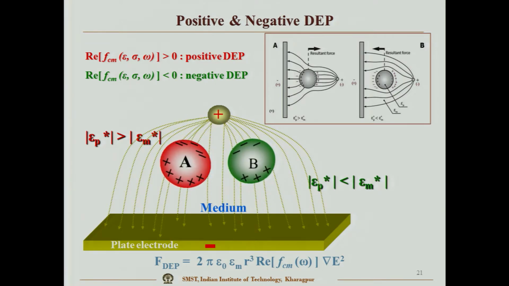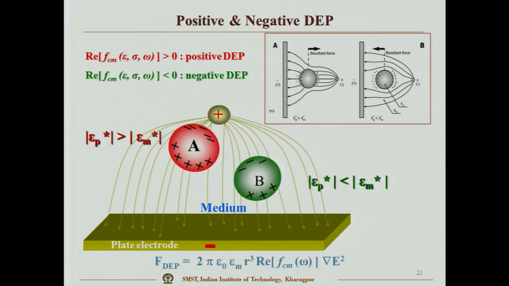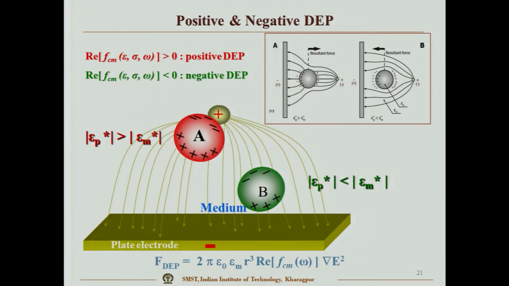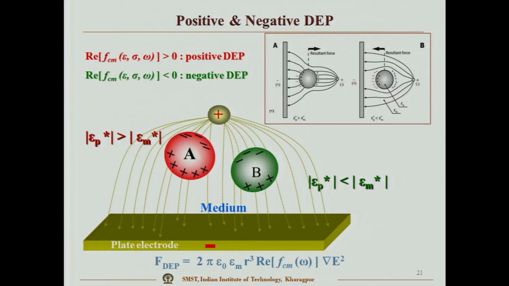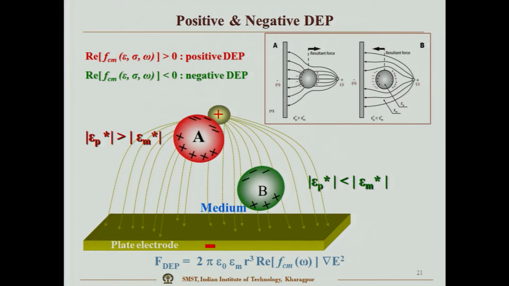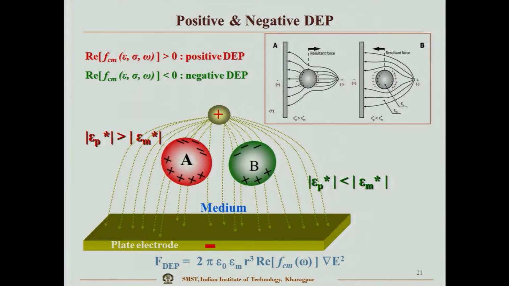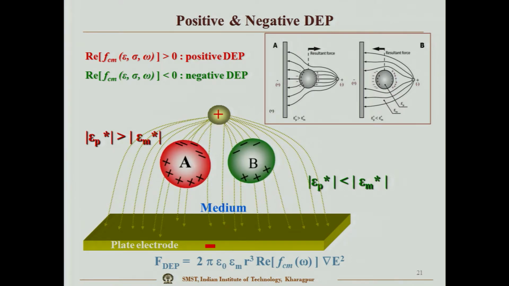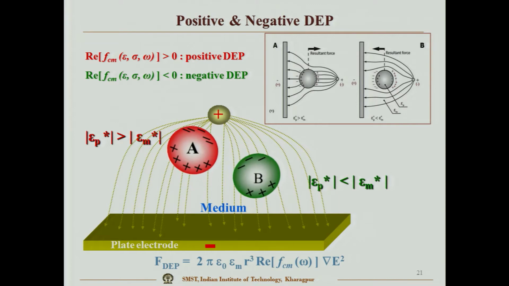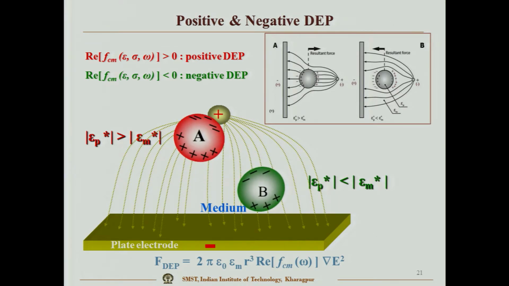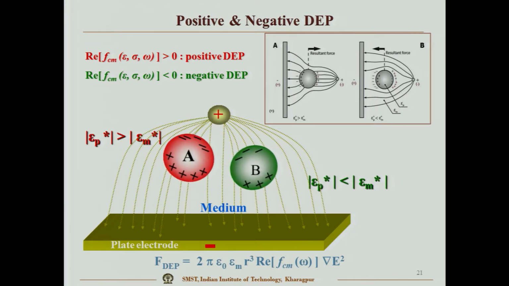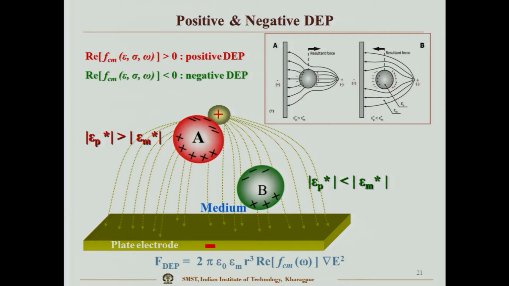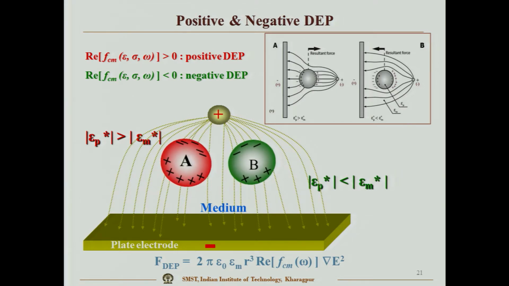Lower electric field means this side you have a lower electric field distribution. So, the particle will move towards this direction, whereas if the dielectric constant of the particle is much higher than the epsilon value of the media, then this particle will experience a force towards this direction, that means where you have the maximum electric field distribution.